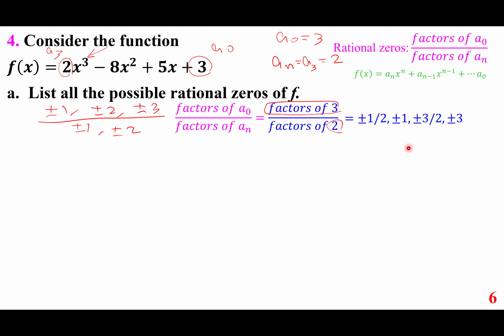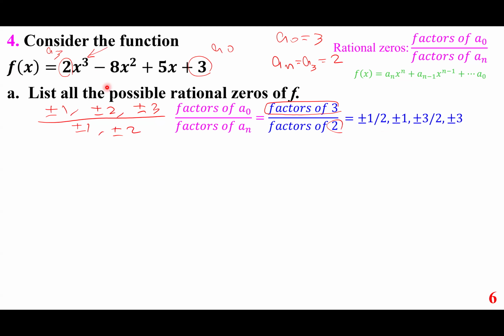So if that's the case, you can do the synthetic division or the factor theorem, okay, to find out which one of them produces a remainder that is 0. So you can plug it into this.